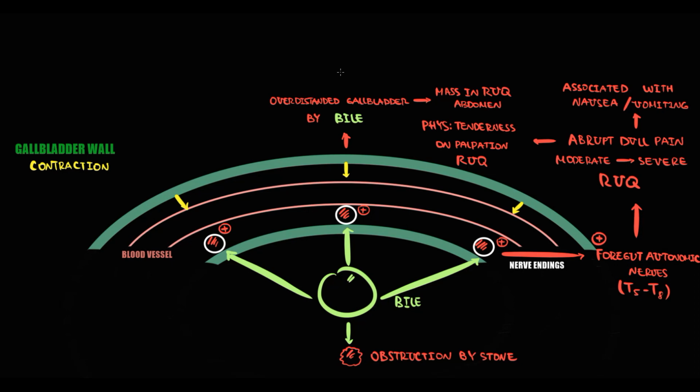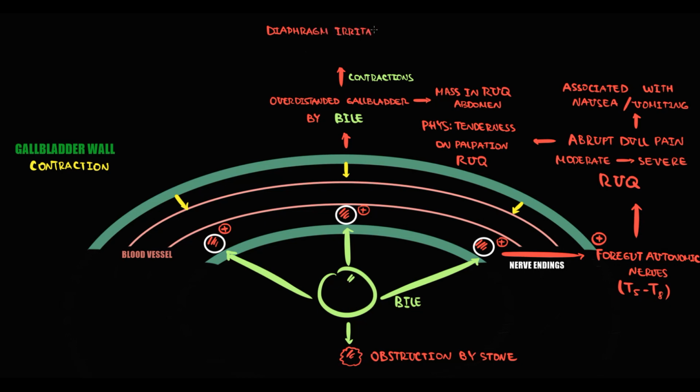Because the gallbladder remains overdistended, it can come in contact with the diaphragm, and numerous contractions of the overdistended gallbladder can cause irritation of the diaphragm, which is sensed by the phrenic nerve. The phrenic nerve carries this impulse to the cervical nerves. And as we know, from the cervical nerves also originate supraclavicular nerves that innervate the back of the shoulder.